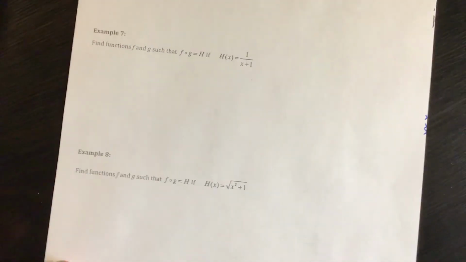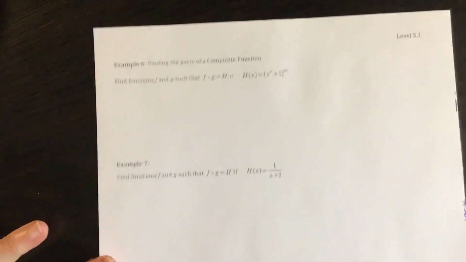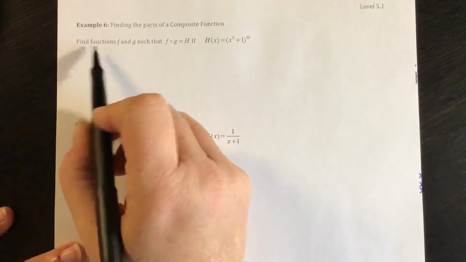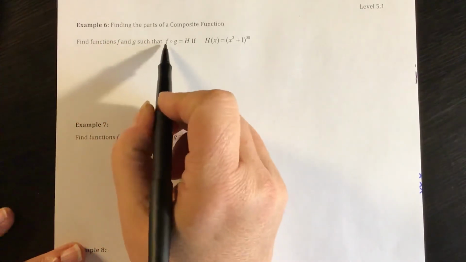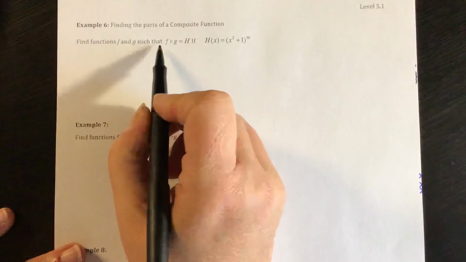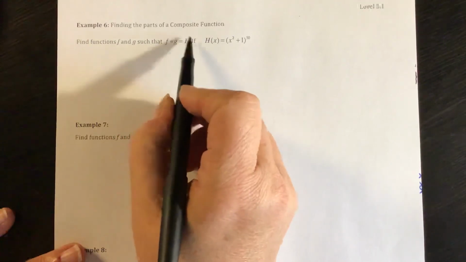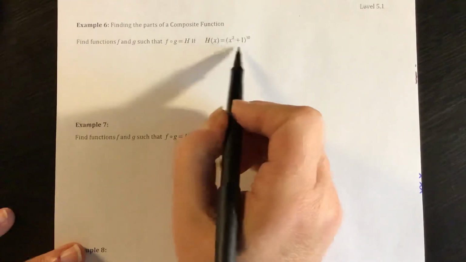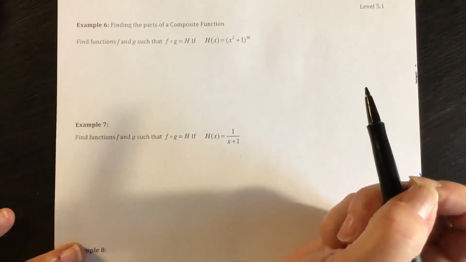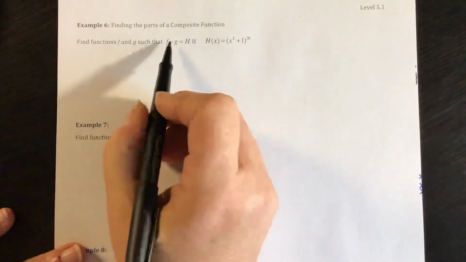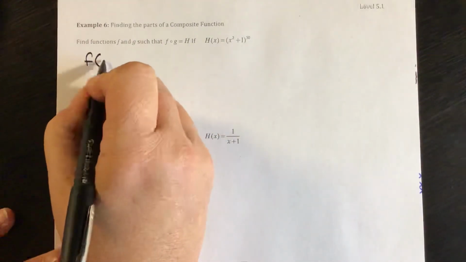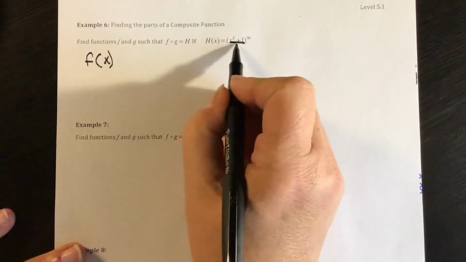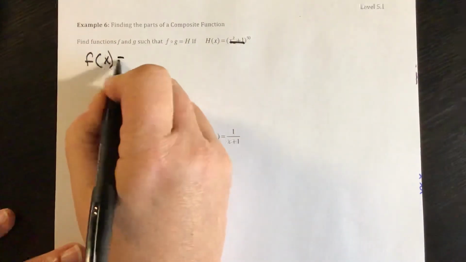And this last part is probably the easiest of all the examples that we've done. Here they're asking us to write the f of g of x equals something. So we want to basically break this down into two functions. All right, so the f function, the outside function, we're going to look at this and say, okay, we have something to the 50th power.